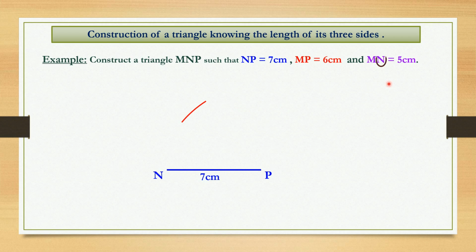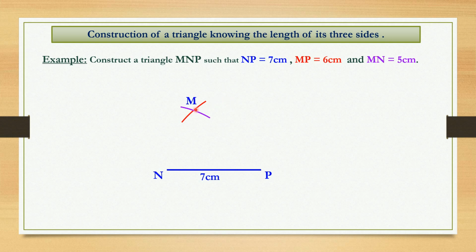Next, I need to draw another arc of center N and radius 5 centimeters. So I open my compass 5 centimeters, I put my needle on point N, then I draw the second arc. These two arcs will intersect at point M, the third and last vertex of this triangle.